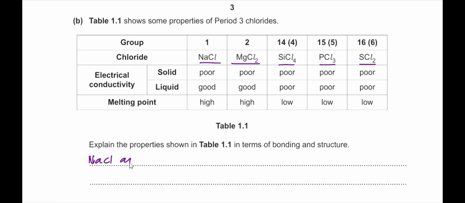NaCl and MgCl2 exist as giant ionic lattices, keywords.